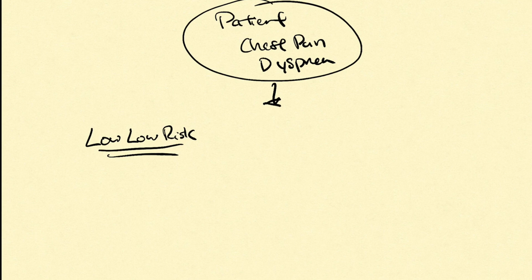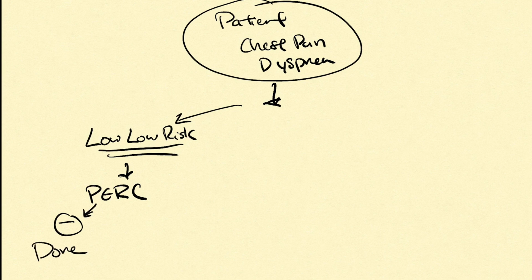I think there's absolutely no way this person's having a PE. From there, I'm going to get a PERC test. If they are PERC negative, then I'm effectively done. I can definitely say I think this person is low risk for PE. I have a data set that says because they are so low risk, I'm not going to do any additional testing. Okay. Now, they might be PERC positive.